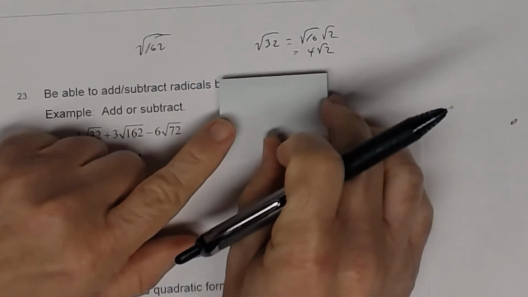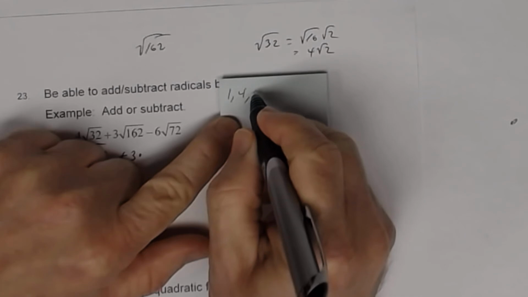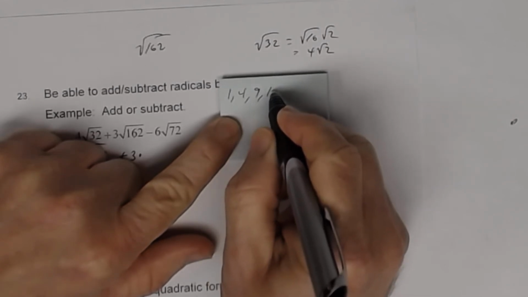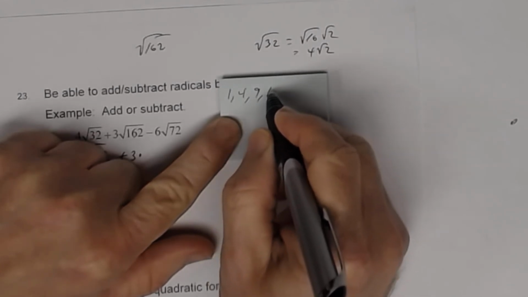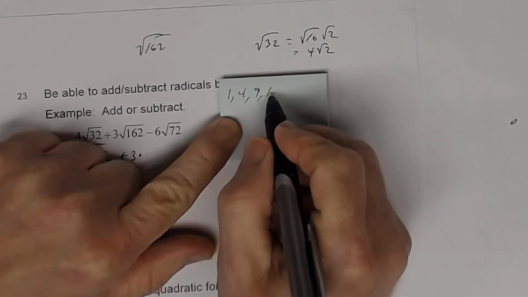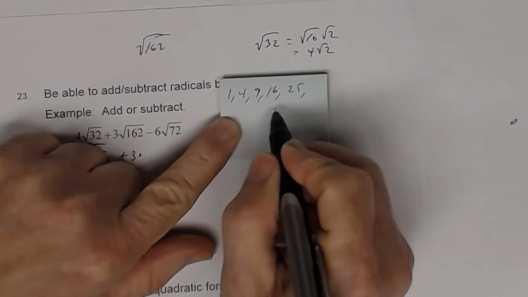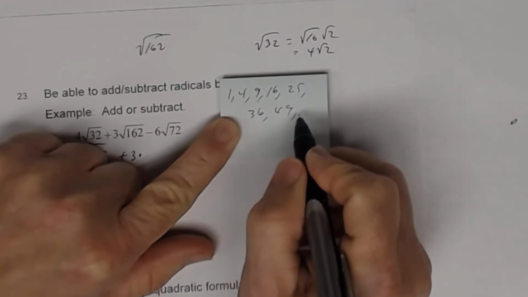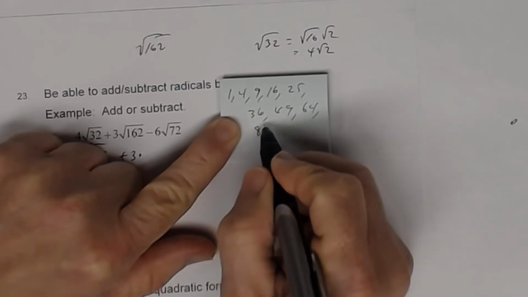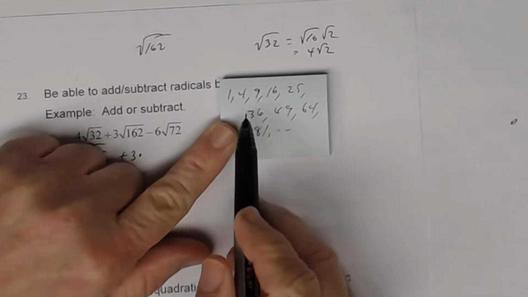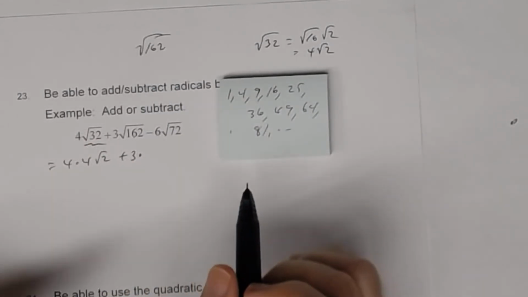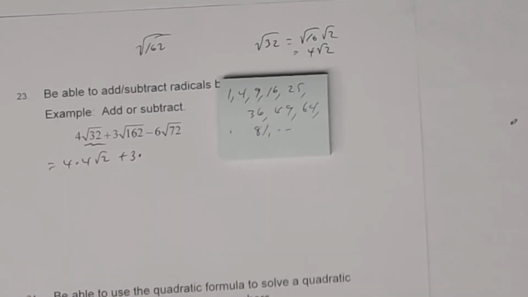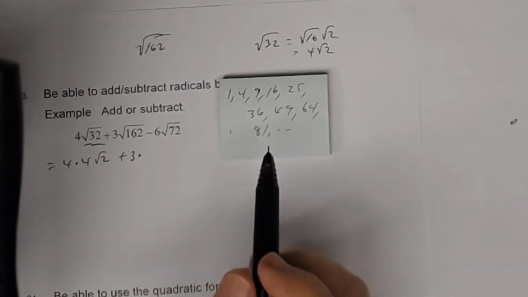Your perfect squares are 1, 4, 9, 16, 25, 6 times 6 is 36, 7 times 7 is 49, 8 times 8 is 64, 9 times 9 is 81, and so on, right? Okay, so let's see which of these perfect squares will go into 162. And always use the largest. You must use the largest, otherwise it will not be fully simplified.